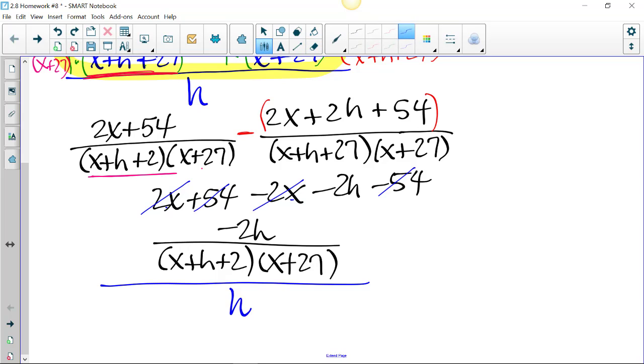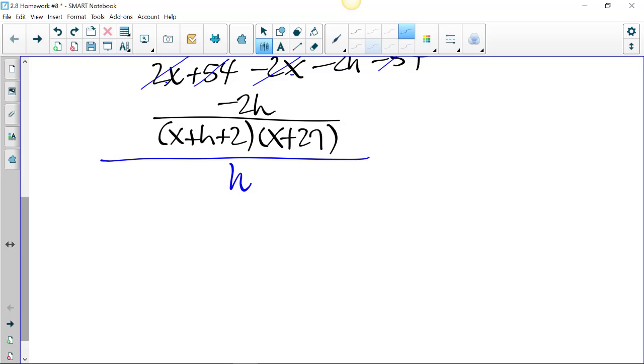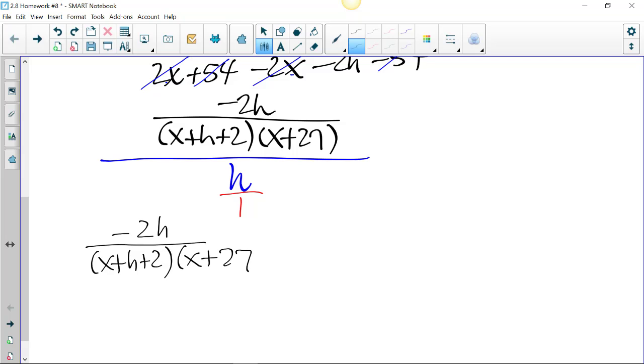So I'm taking that fraction in the top and I'm dividing by h, which means instead of dividing, I multiply by the reciprocal. That's h over 1. So I'm going to take the top and multiply by the reciprocal of h, which is 1 over h.